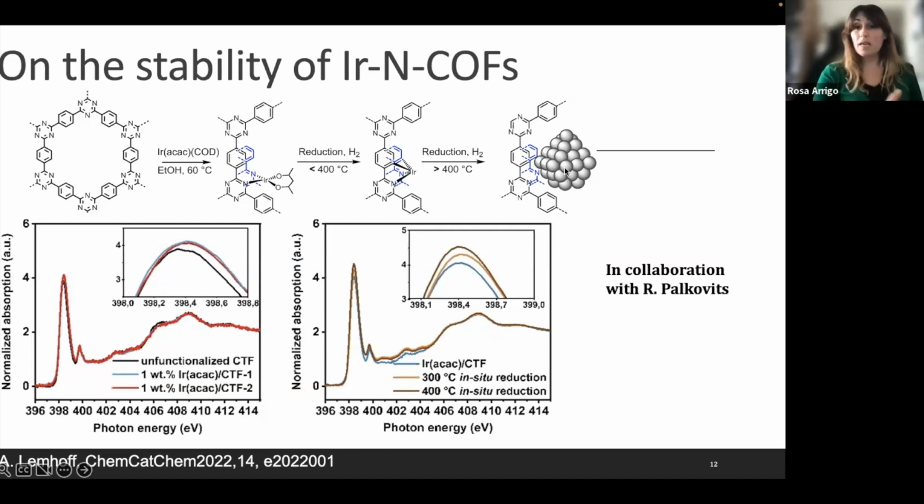So the withdrawing effect from the iridium metallic nanoparticles is even stronger. So obviously the stabilization effect of this covalent organic framework is rather encapsulating the nanoparticle and preventing further sintering, rather than a strong metal support interaction.